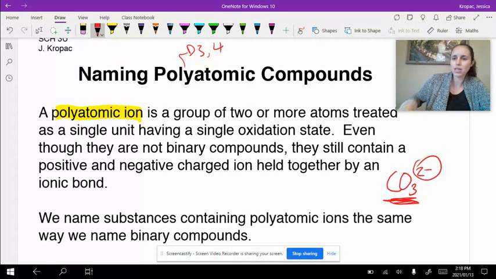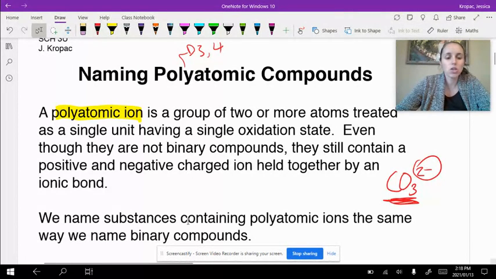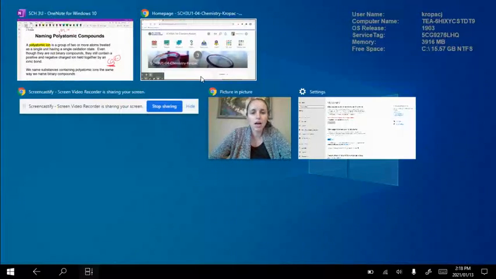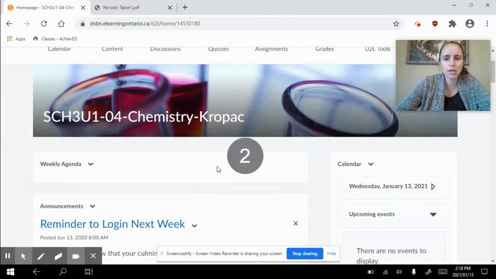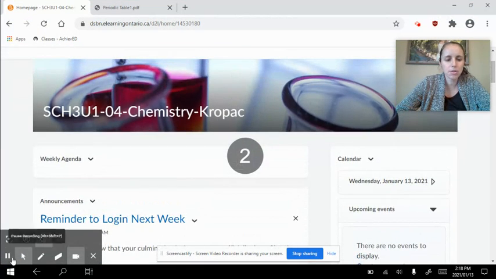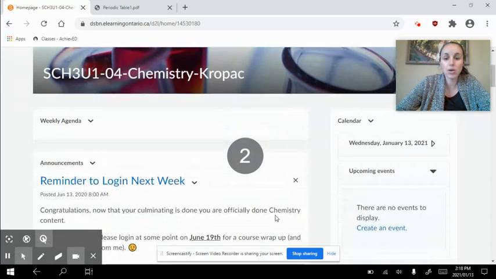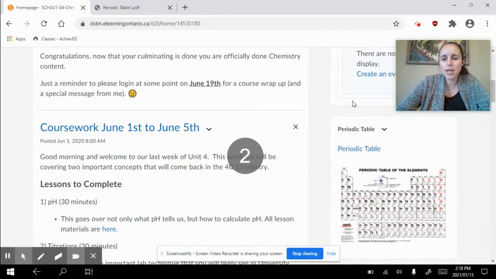In order to name polyatomic compounds, you are going to need 2 tools. We want to make sure we have those tools ready. The first is your periodic table, which I've already got here for you. You want to make sure that you have it open.